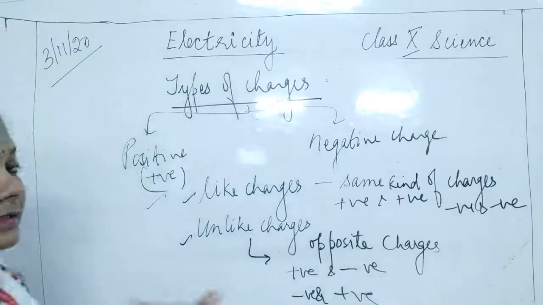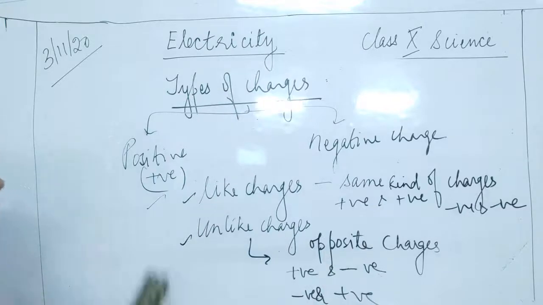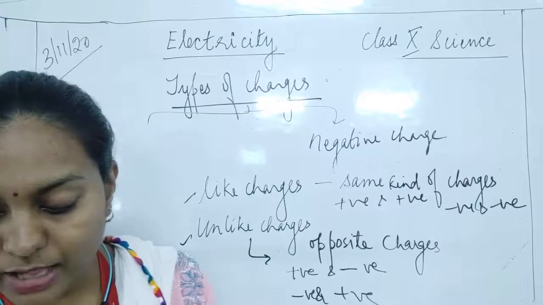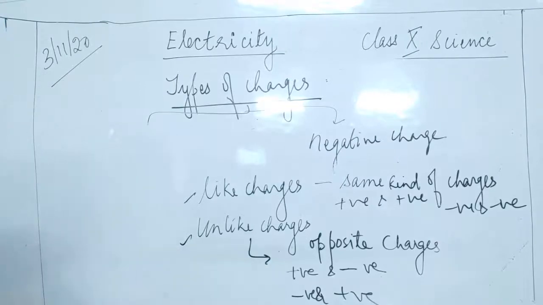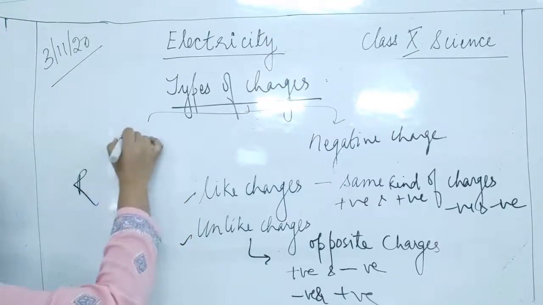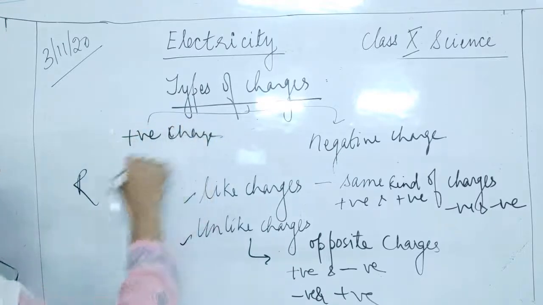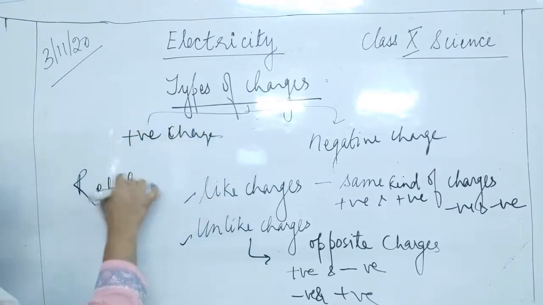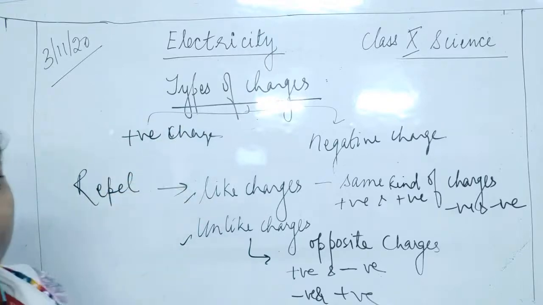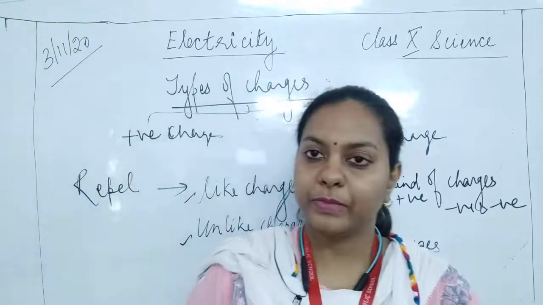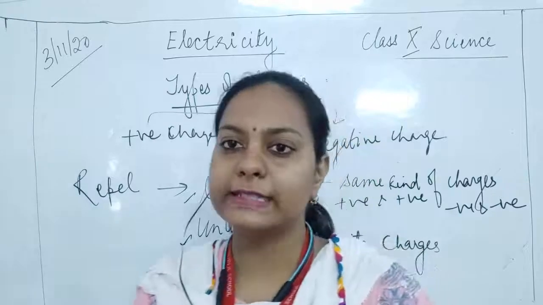And now, what is the behavior of the charge? How are these like charges going to behave? Like charges are going to repel each other. So what is the behavior of both the same charges?